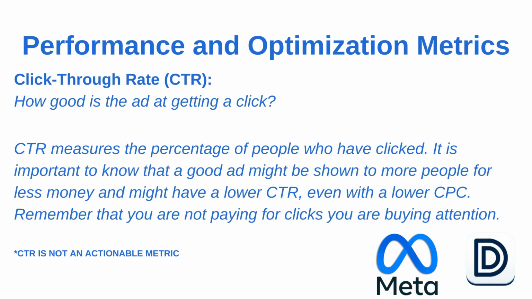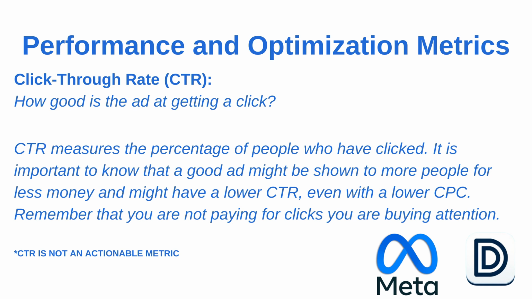And in CTR, what we're looking at is total amount of clicks divided by total number of impressions. If the volume of impressions that each dollar gets us is greater, it is often common for a good ad to have a lower click-through rate, even if the CPC is also less. Remember that you are not paying for clicks, you are buying attention.